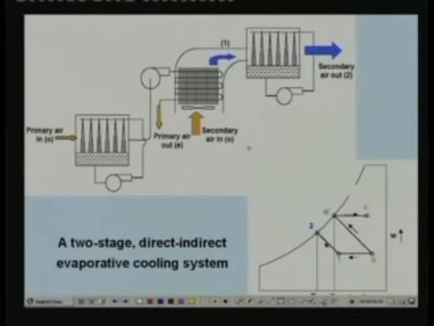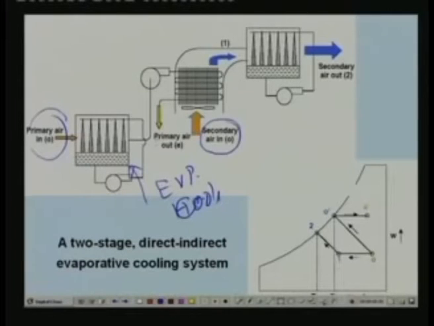Again we have a primary air stream here and a secondary air stream here. So, in the first stage what happens is the primary air stream is cooled and humidified in the evaporative cooler, like we have discussed earlier. So, it gets cooled and humidified, then this cooled and humidified air flows through an air to air heat exchanger, where it exchanges sensible heat with the secondary air.